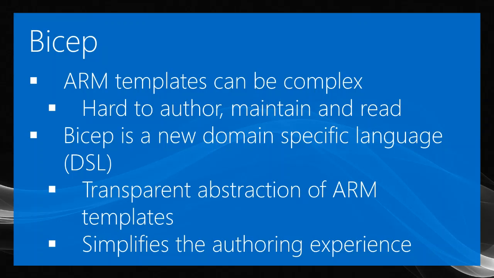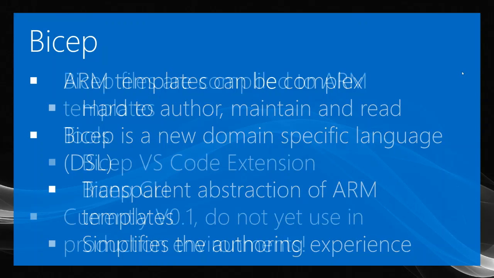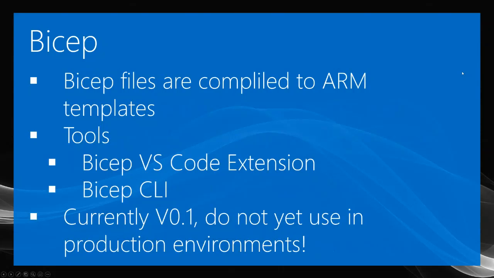And this is where Bicep comes into play. So it's kind of an additional abstraction of ARM templates that allows you to write your code in a different way, in a different format, in a different language. And once you have created your Bicep code, you then compile it to an ARM template. So it makes it much simpler to author new templates.